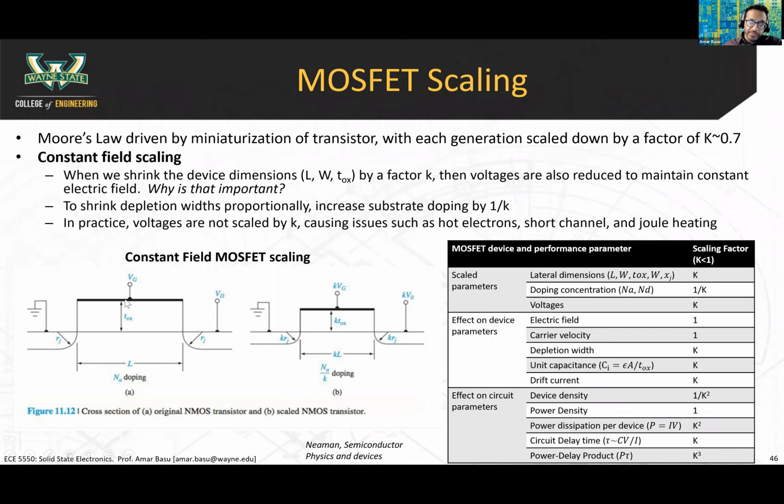Similarly, if you were to have a really strong electric field in this oxide by applying a large gate voltage, then you could have dielectric breakdown of the oxide. You damage the oxide. So it's important that when the device gets smaller, your electric fields don't go out of control.